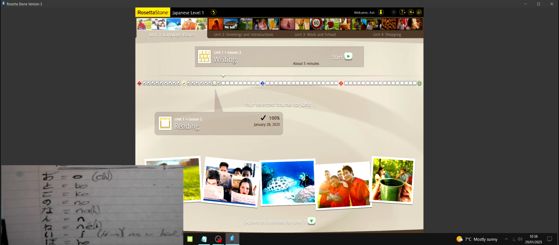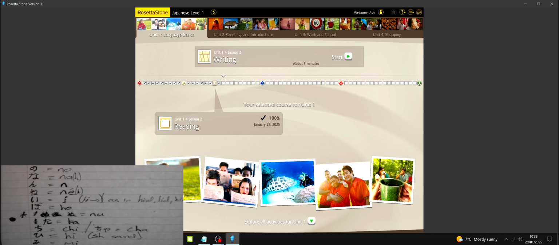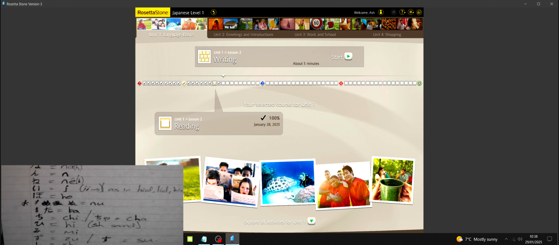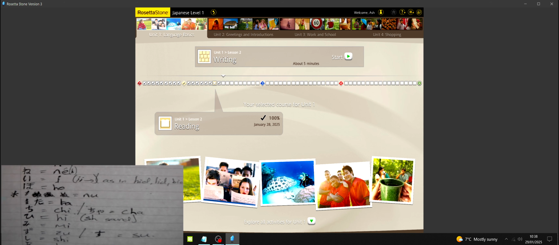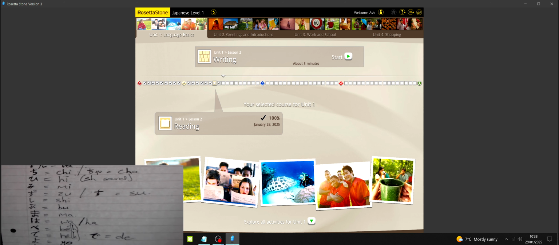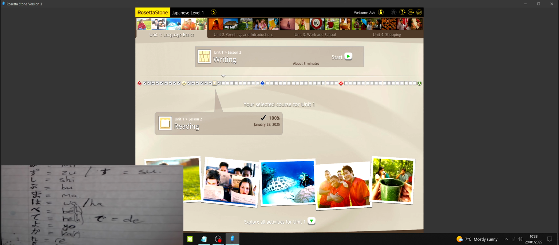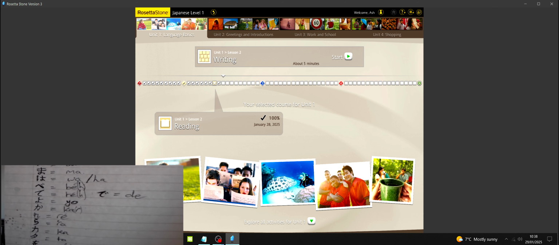As you can see, my writing in kanji is not brilliant, but then nor is my English. It's quite scrappy, but I've written myself out on a piece of paper the English translated sounds that Rosetta Stone chucks out.